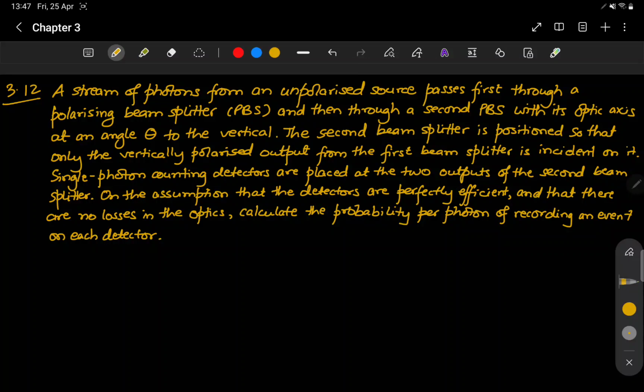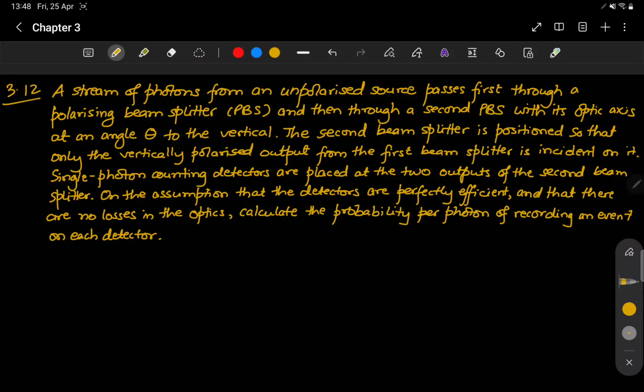The second beam splitter is positioned so that only the vertically polarized output from the first beam splitter is incident on it. Single photon counting detectors are placed at the two outputs of the second beam splitter. On the assumption that the detectors are perfectly efficient and that there are no losses in the optics, calculate the probability per photon of recording an event on each detector.